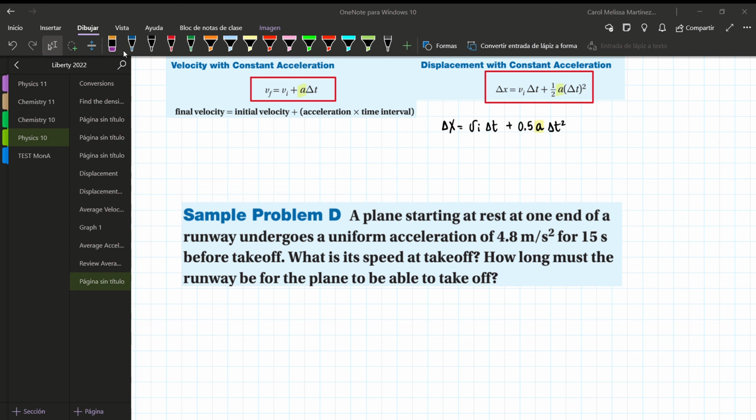So, what does starting at rest mean? A plane starting at rest. I told you that this is a keyword.